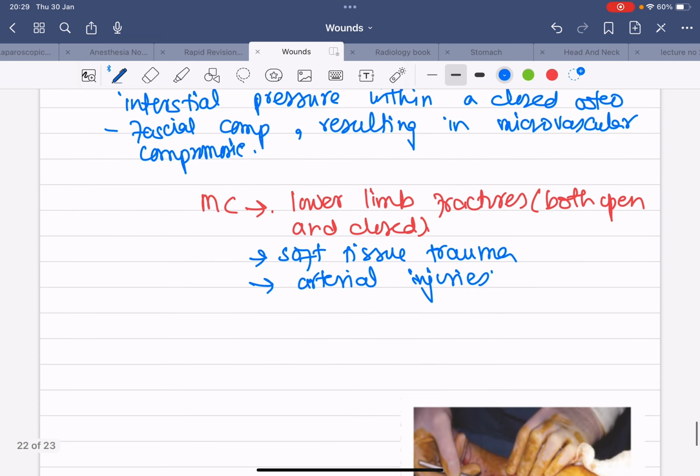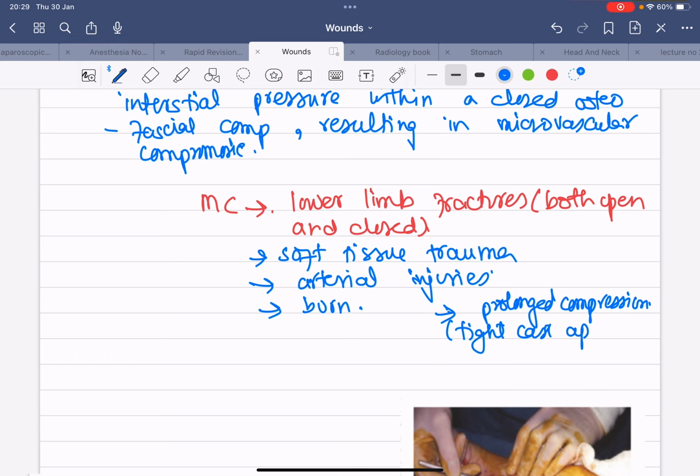It can also happen in patients with burn injury, or in patients with prolonged compression. For example, if you place the cast too tightly, tight cast application can also lead to compartment syndrome in the patient.